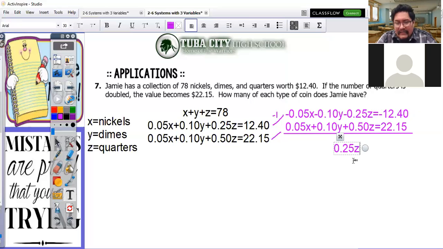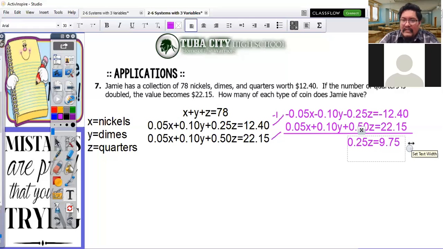And we know that if you take 50 cents and minus 25 cents, you're going to have 25 cents left over. And then here I have 22.15 minus $12.40, and that'd be $9.75. And if you told me that you had $9.75 in quarters, I would believe that, because that kind of makes sense that you can get $9.75 in quarters, but you can't get something like $3.63 in quarters.